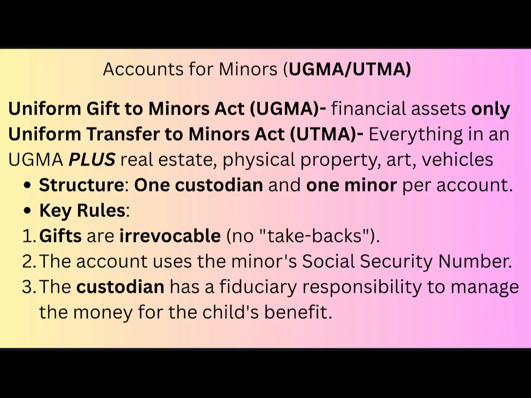A minor can be the beneficiary of more than one custodial account, and a person may serve as custodian for more than one account, as long as each account benefits only one minor. So one adult, one minor per account. But a minor can have multiple accounts open for them, and an adult can open multiple accounts.